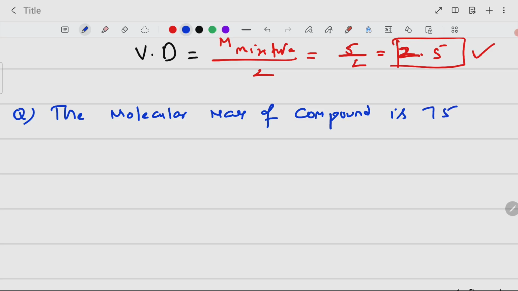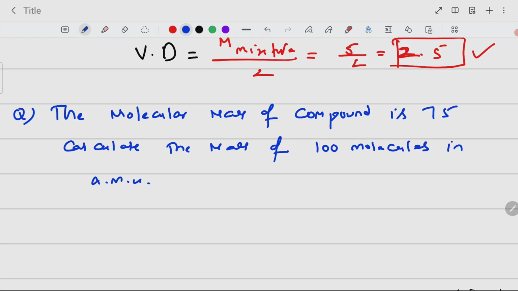If it is 75, then calculate the mass of 100 molecules in AMU. So here the molecular mass of the compound is 75, and we need to find the mass of 100 molecules in AMU.